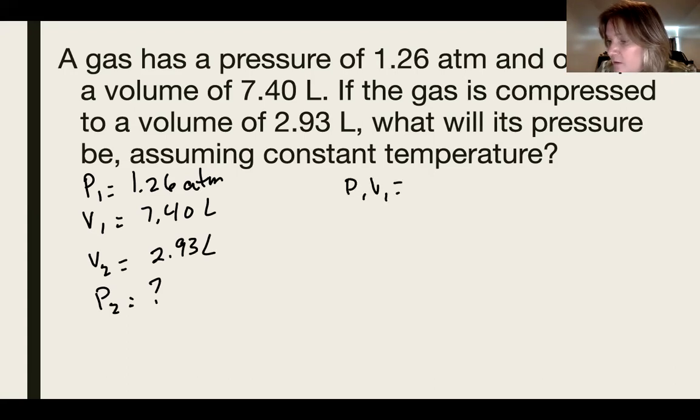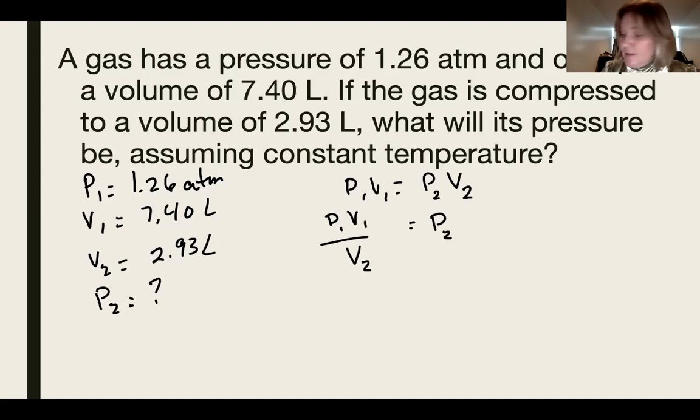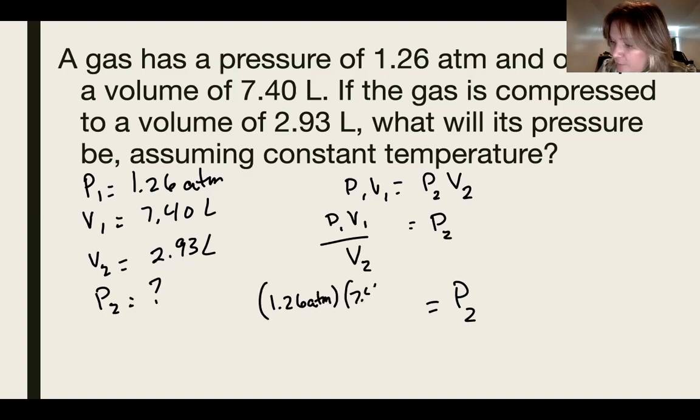So P1 V1 equals P2 V2. I solve for P2, so that's P1 V1 over V2. P1 is 1.26 ATM, V1 7.40 liters, V2 2.93 liters.